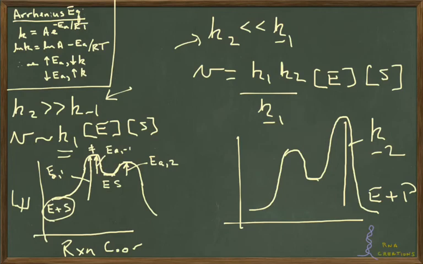So we haven't decided if that's bigger or smaller than k1? Well, let's go back to k1, okay? The height of the barrier here has to do with the relative concentrations of E and S. I haven't said this yet, but as I raise the concentration of S, that will raise this, because it'll effectively go faster from a pseudo first order point of view, which we haven't gotten to yet.